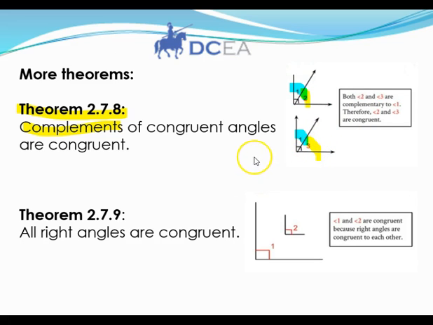Let me give you an example. If angle 2 was 45 degrees and it was complementary to angle 1, that would make angle 1 45 degrees. Angle 2 and 3 are congruent because they're both being added to angle 1 of 45 degrees.